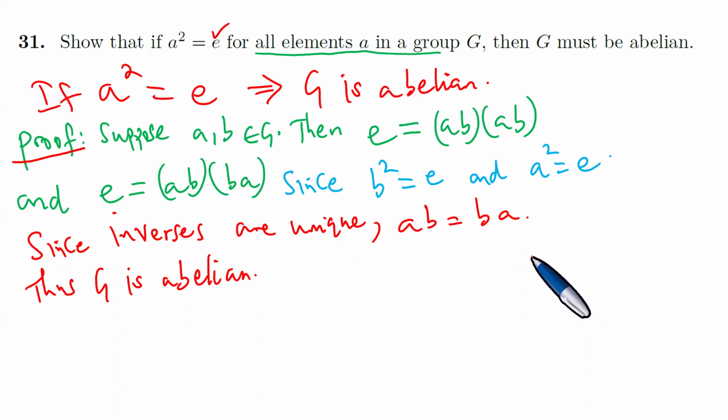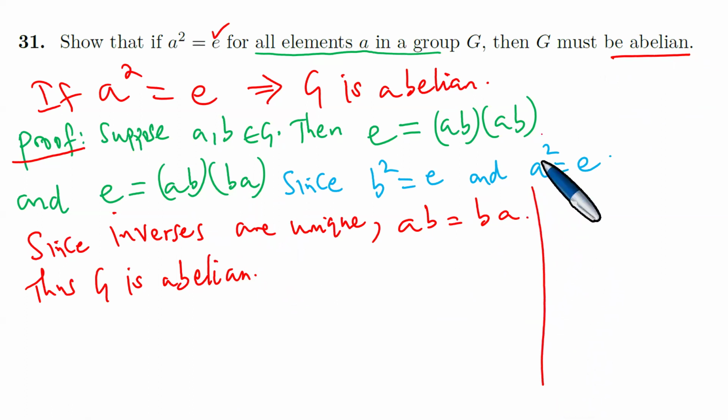Because we want to show that G is abelian, so we want to show that this AB is equal to BA. But I want to demonstrate something small.